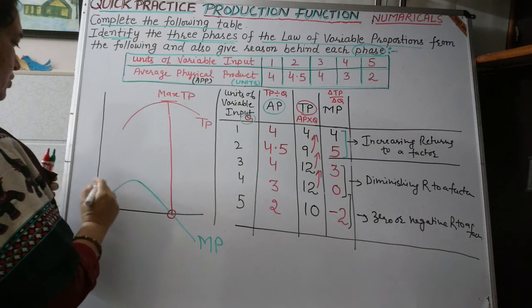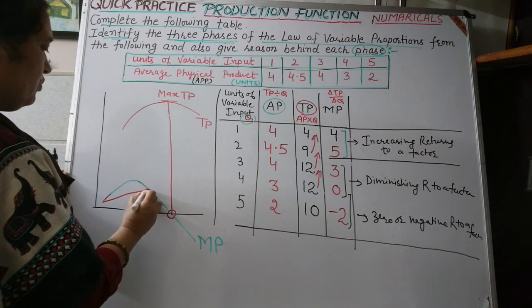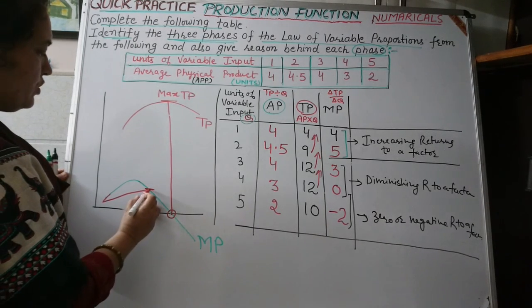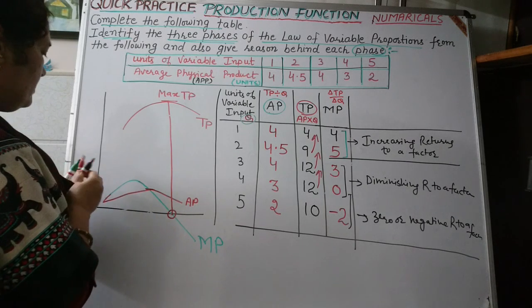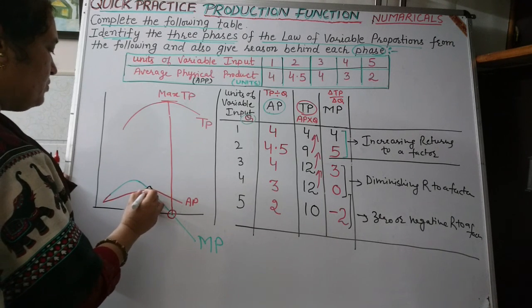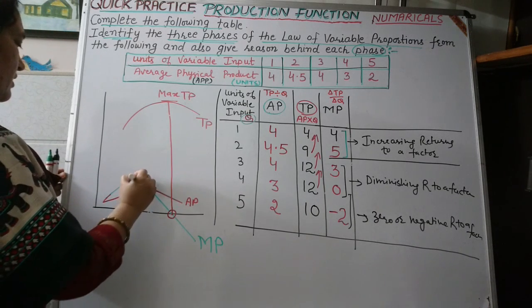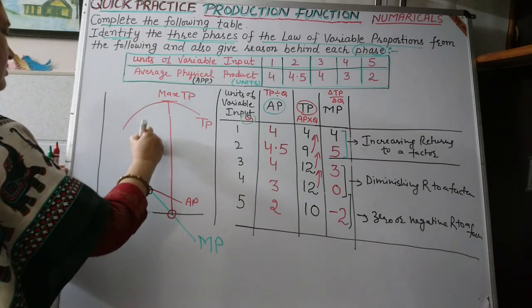And here I am drawing average production, which is the intersection point of average production and marginal production. That is the highest point of average production. After this intersection point, average production will start diminishing, and the highest point of MP.